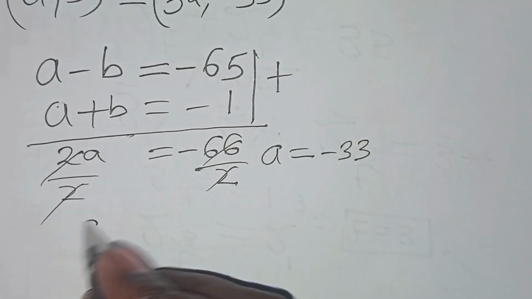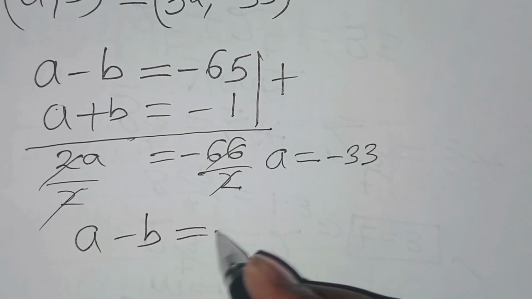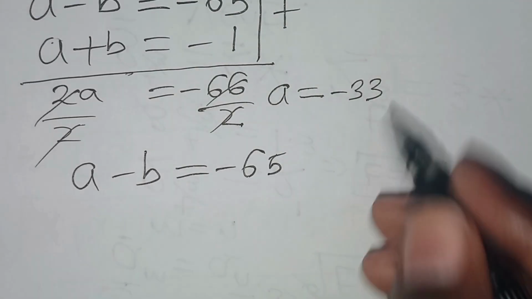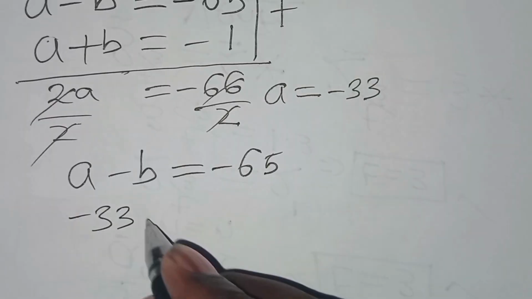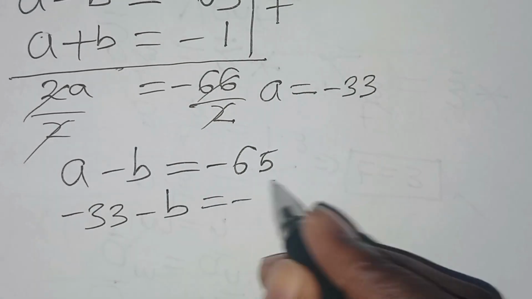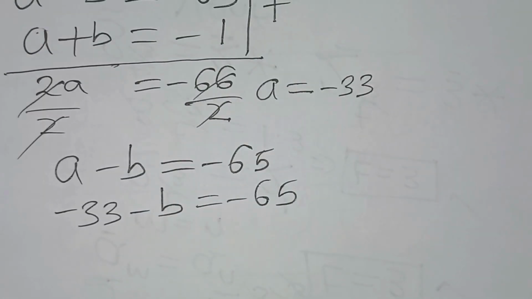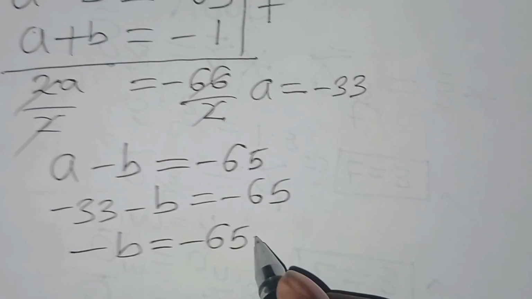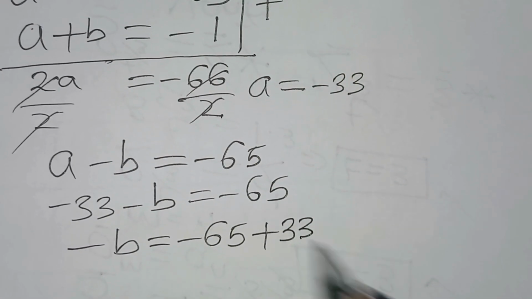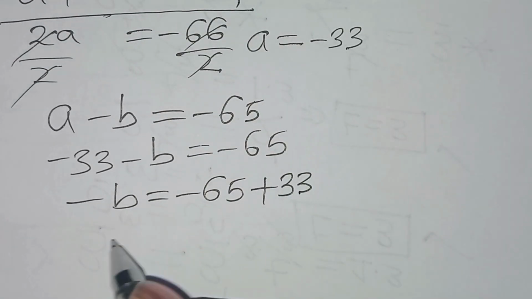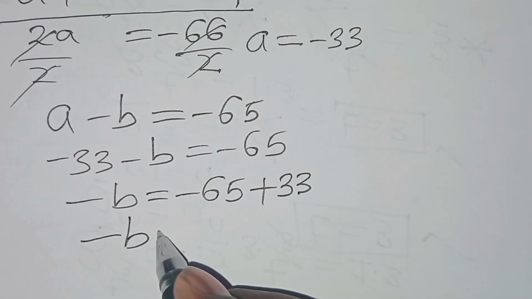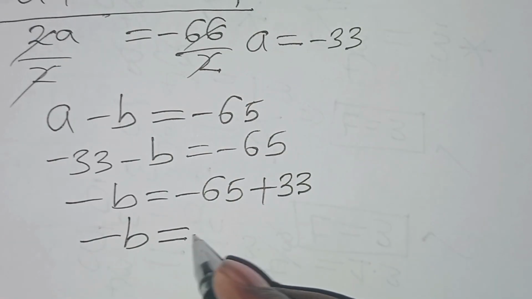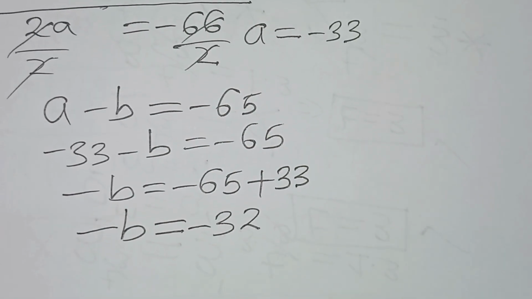So here we have A minus B equal to negative 65. We have A equal to negative 33. Subtract B, this is equal to negative 65. So minus B is equal to negative 65 plus 33, which is minus 32.